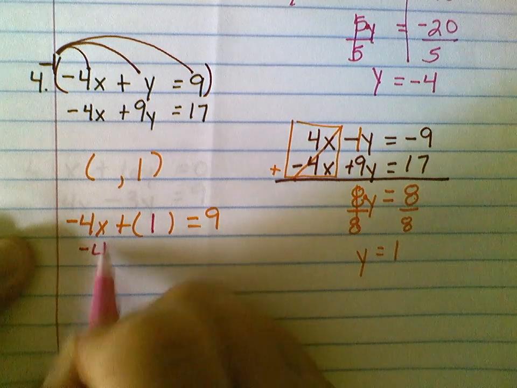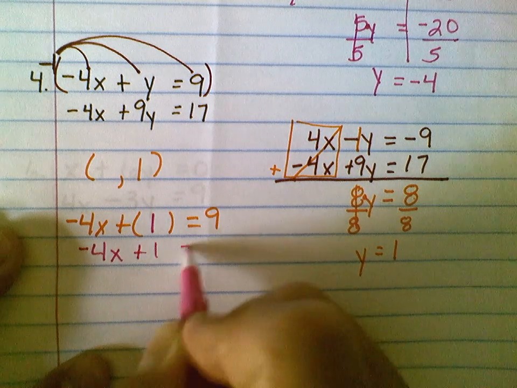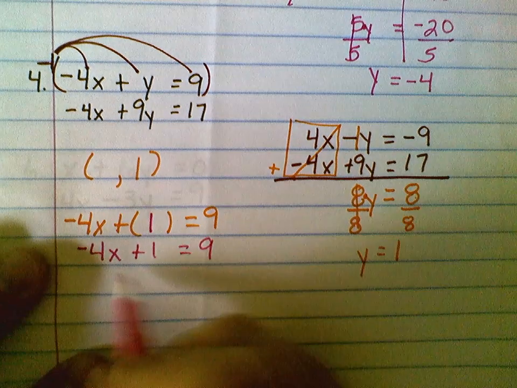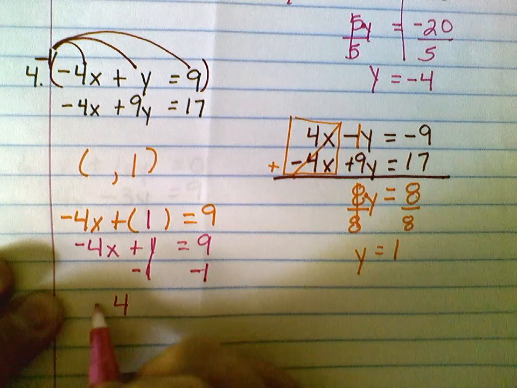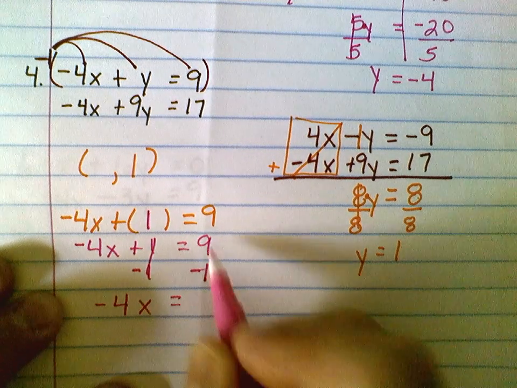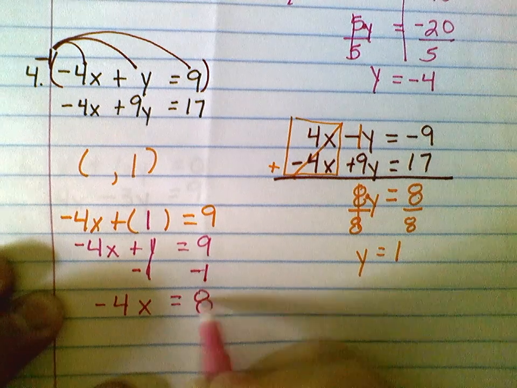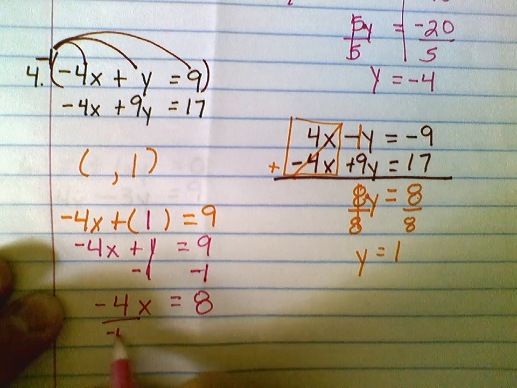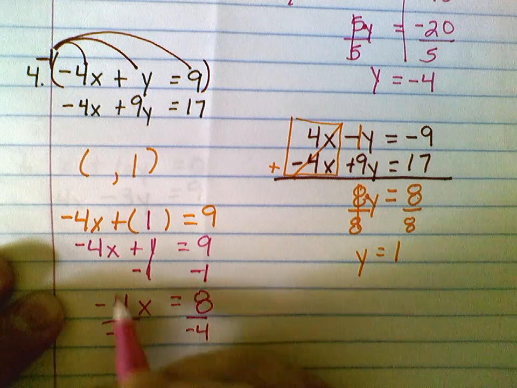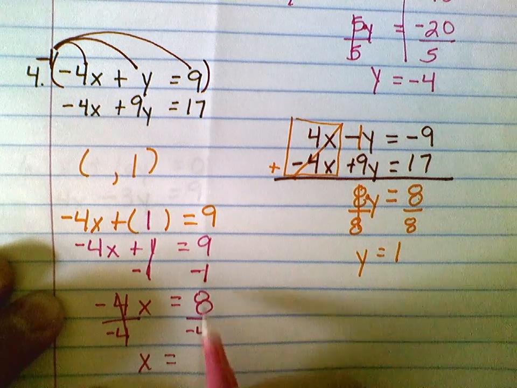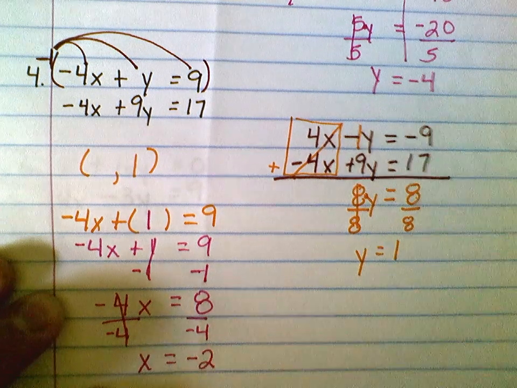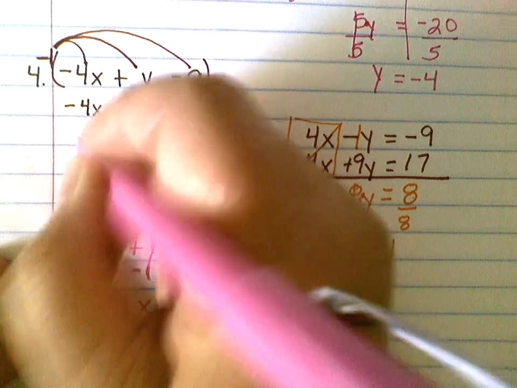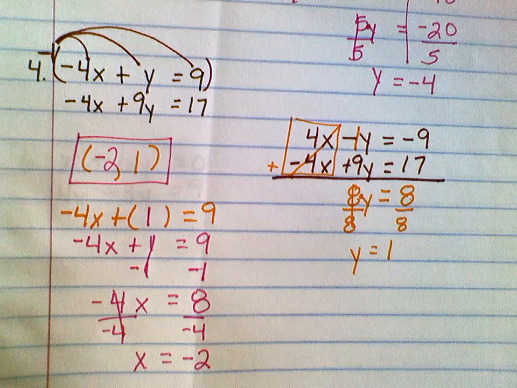So I have negative 4x plus 1 equals 9. I will subtract 1 to the other side. 9 minus 1 is 8. And I will divide by negative 4 to get x equals 8 divided by negative 4 is negative 2. So my x value is negative 2.